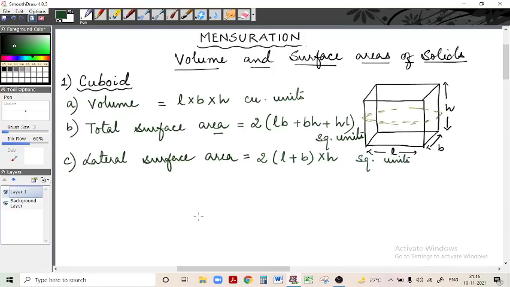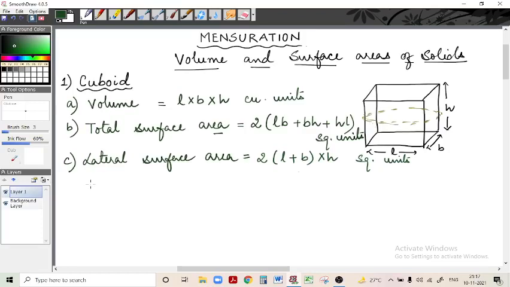Now, as I said, lateral surface area means the sum of all the sides. All the sides means literally, right? Not the top one, not the base one. So here I have taken twice of length plus breadth into height. I can also write it as area of 4 walls.